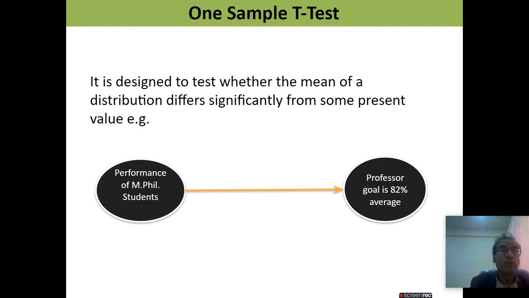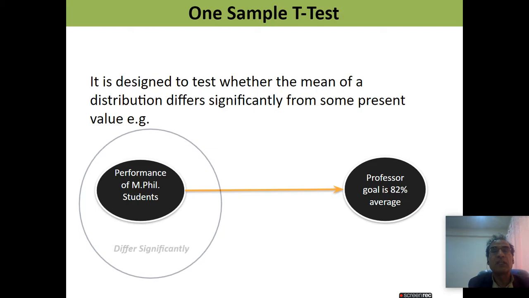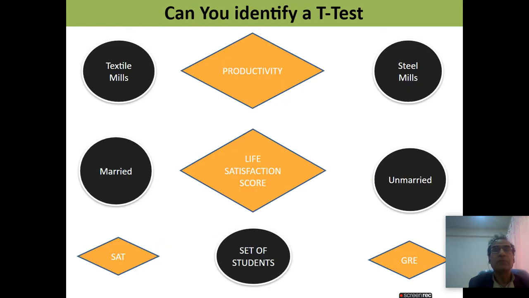So we will check the performance of the students, and then we'll find how many students meet the desire of the teacher. So at this stage, we will apply one sample t-test. In this test, we find the significant difference between the population and the sample.